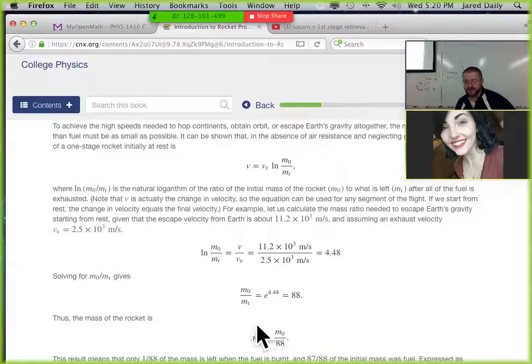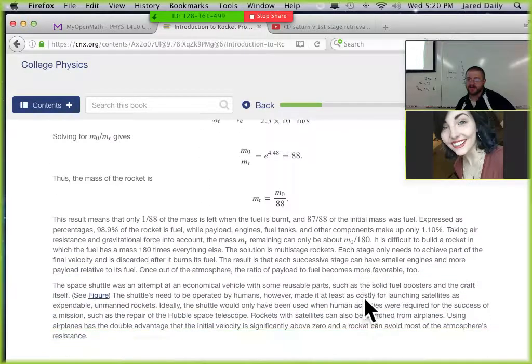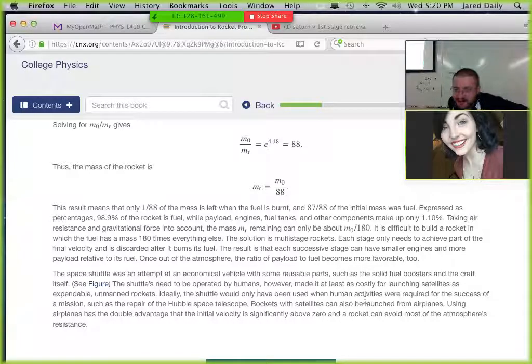Then you solve for the mass of the rocket without the fuel in it, and you get the initial mass divided by 88. So only 1/88th of the mass is left after the fuel is gone.